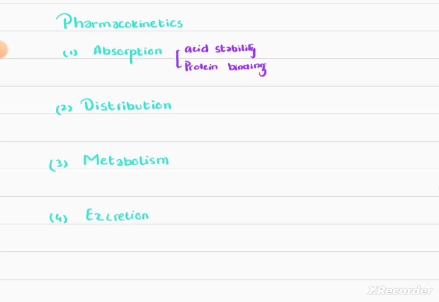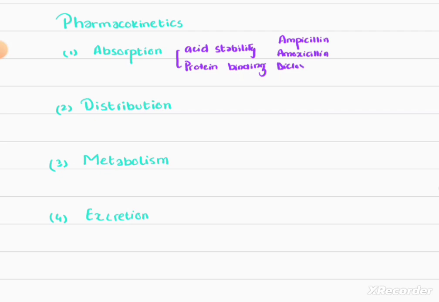GI absorption of some drugs is erratic, so they're not suitable for oral administration and they are given in the form of IV injections. We have very few drugs that can be given orally, and these are ampicillin, which we can give in the oral formulation as well, amoxicillin, and dicloxacillin.